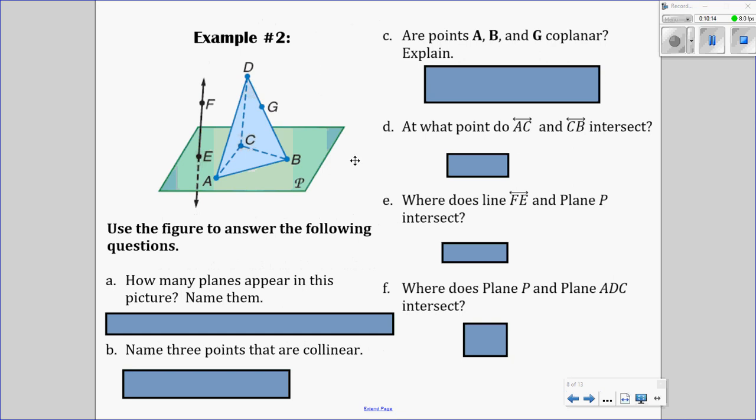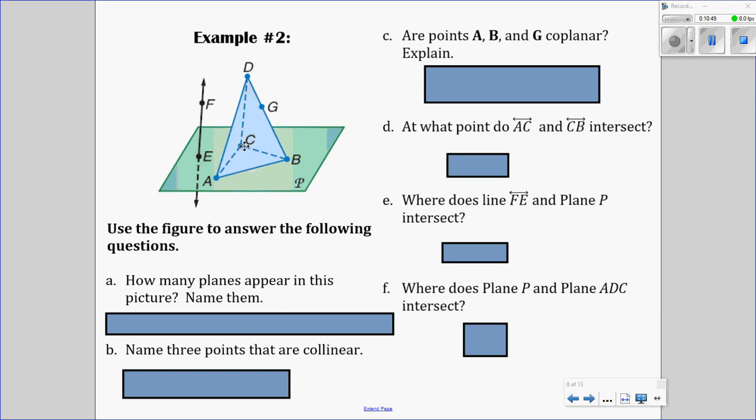Alright. So now we have a diagram showing a plane, a solid shape, and a line going through the plane. We're going to use these questions based on this diagram. It says, how many planes appear in this picture? And we have to name them. So we look at the planes. We know this is a plane based on what was shown before. But let's look at this pyramid that's sitting on the plane.